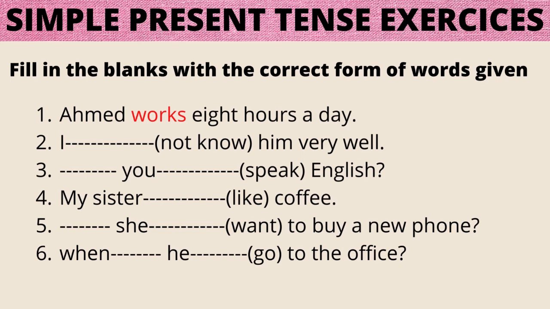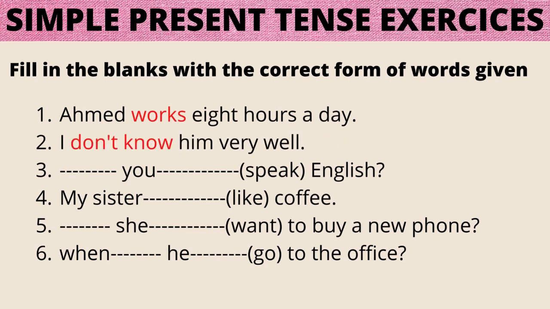So we have a positive sentence, and the name Ahmed could be replaced with the subject he. So here we need to add an S to the verb work. So it will become Ahmed works 8 hours a day.